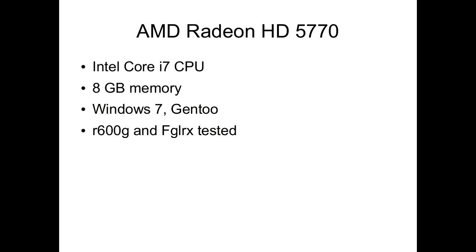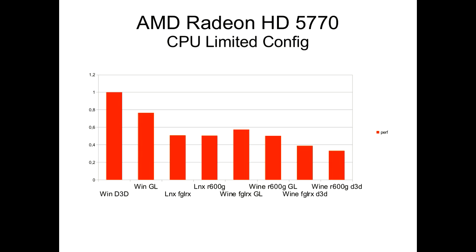The system had an Intel Core i7, with Windows 7 and Gentoo as well, and in this case I tested the open source driver and the binary driver, and whatever driver you use, they suck. OpenGL on Windows is crappy to begin with, and both FGLRX and R600G eat way too much CPU time.